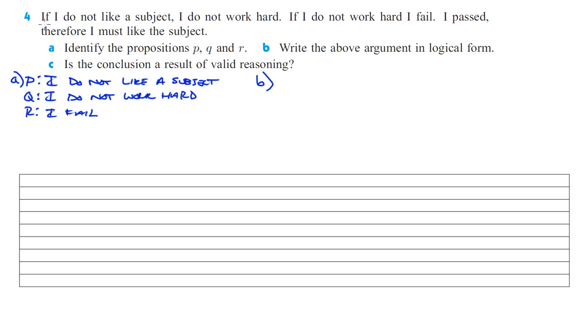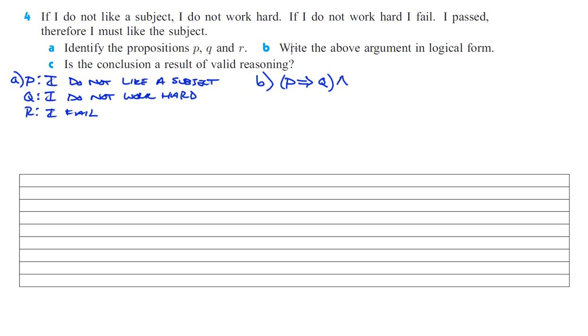So obviously this starts with if, so this is an implication. So if I do not like a subject, so that's P implies I do not work hard, so P implies Q. Okay. Now we're connecting these two sentences together, so really the easiest way to remember this is when you're connecting a couple sentences together, it's pretty much always going to be and.